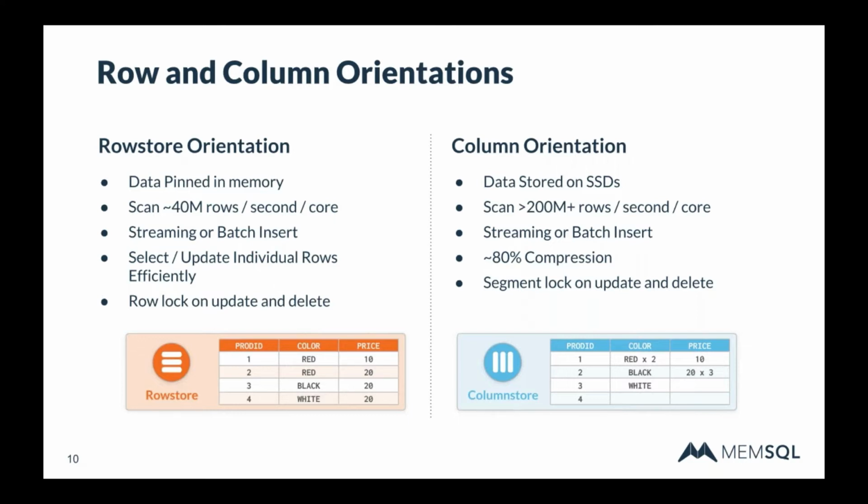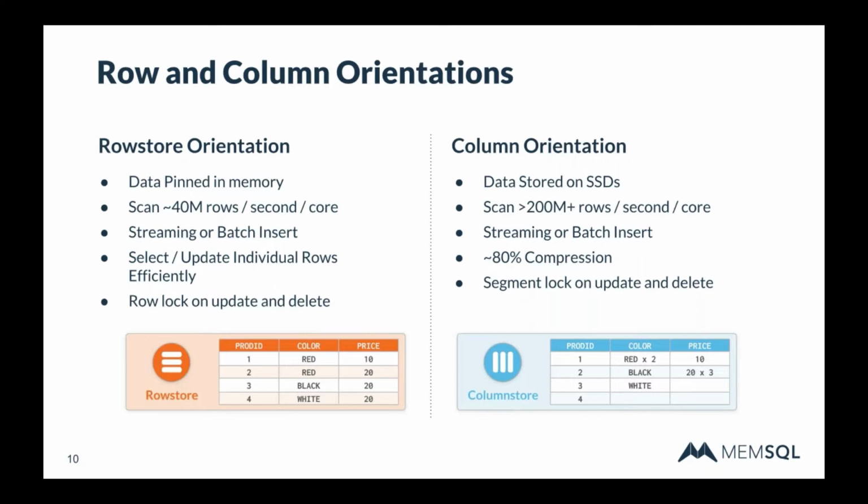In our column orientation, we typically store data on solid state disks, and we can scan and process greater than 200 million rows per second per core using compilation and vectorization. And again, you can do streaming or batch insert.